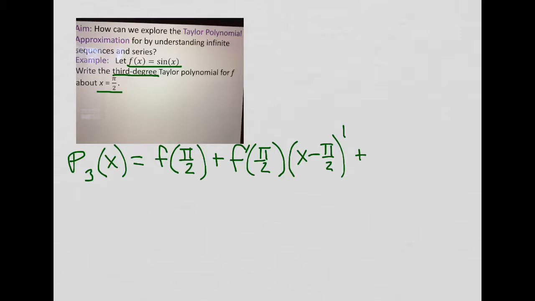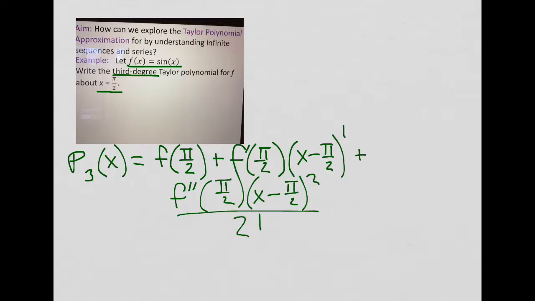So we end up with, we need f double prime of pi over 2 times the quantity of x minus pi over 2 squared over 2 factorial.